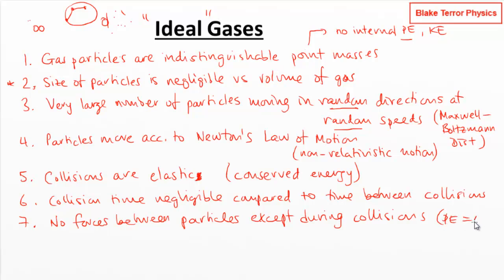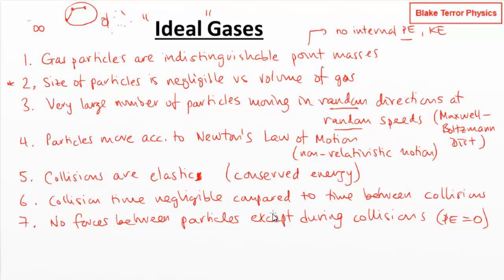We want to say the potential energy is zero. You can have little fluctuations for tiny amounts of time, but we're saying these collision times are negligible, so these little occurrences of potential energy inside the ideal gas are just negligible compared to everything else.